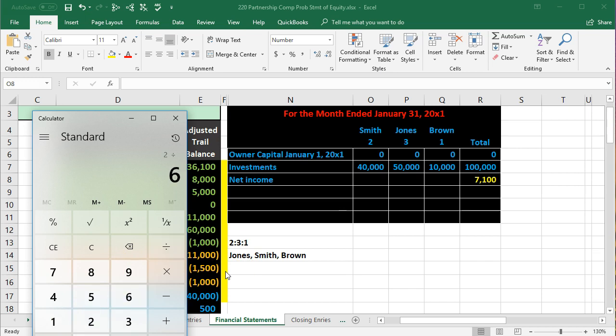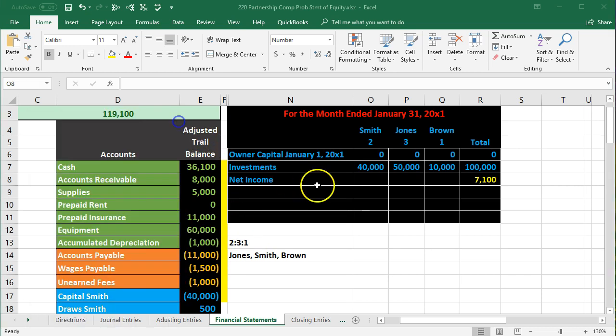So 2/6 is 0.3333, and 3/6 is 0.5, move the decimal over to 50%. And then 1/6 is 0.1666. So this can represent a ratio format, and that'll be a little bit more exact.